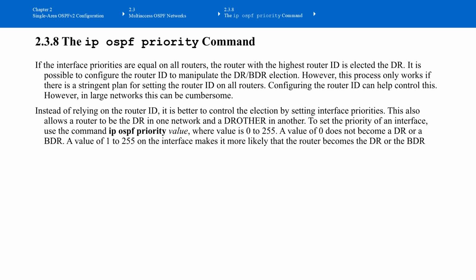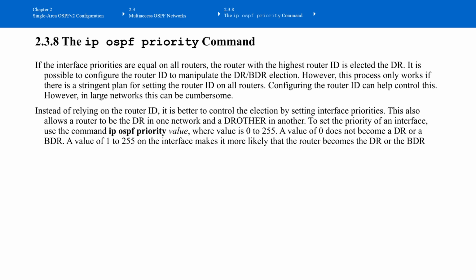The priority can be any number between 0 to 255, where 0 means it cannot become DR or BDR. 1 means this is the default priority. A higher number means a better chance of becoming DR. The highest number becomes DR, and the second highest becomes the BDR. If priority ties, then use router ID.